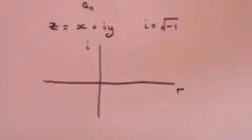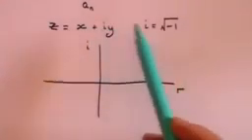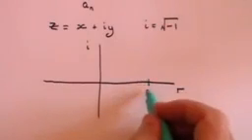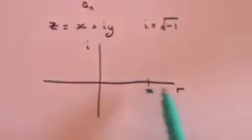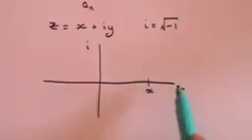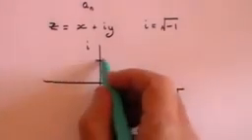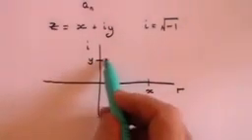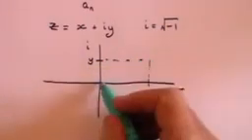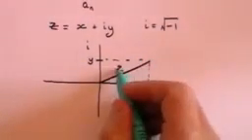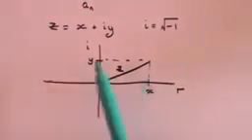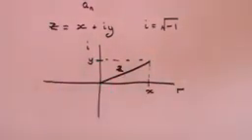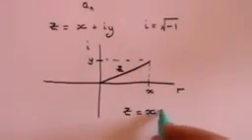So if we have a vector that is x plus iy, that means that we show x, which is the real number, on the real axis, and we show y, which is the value of the imaginary number, on the imaginary axis, and that means that the actual vector itself, z, will equal x plus iy. That's the way we represent it. So z equals x plus iy.